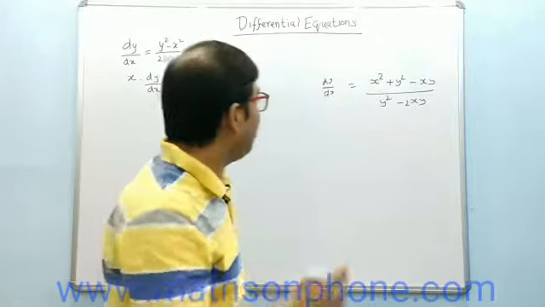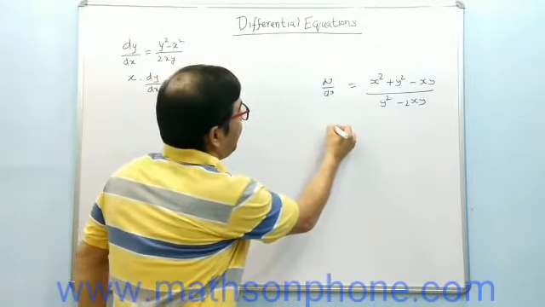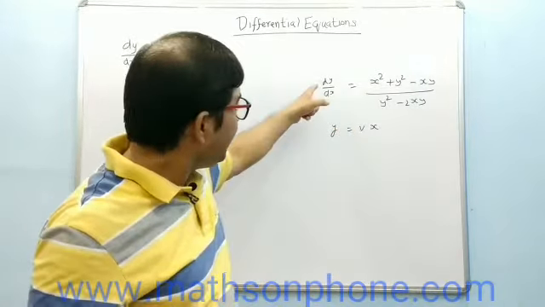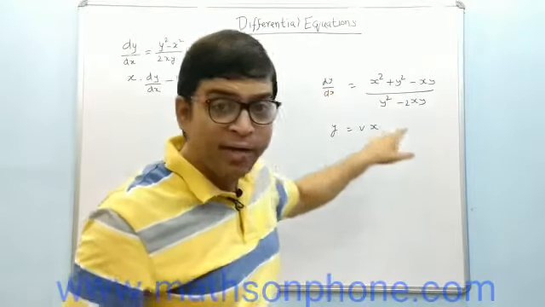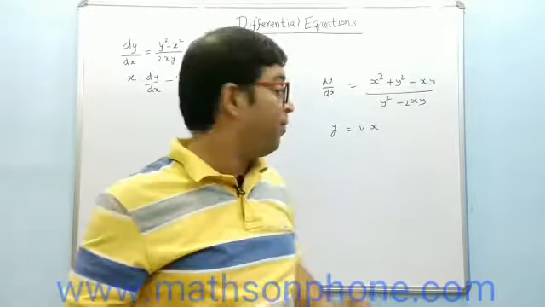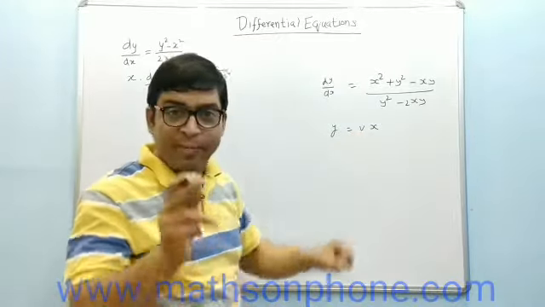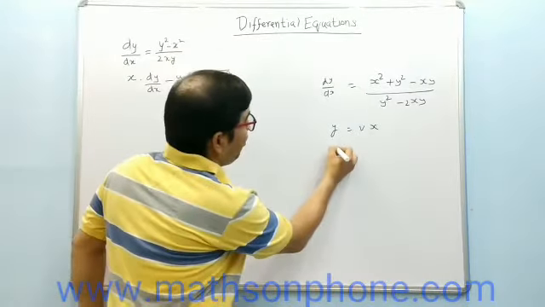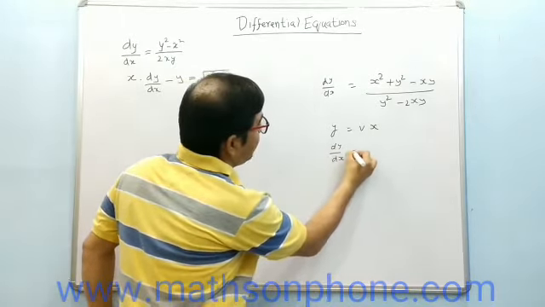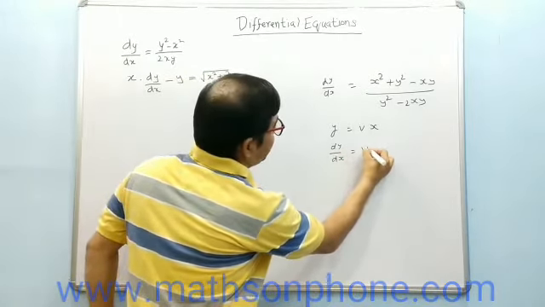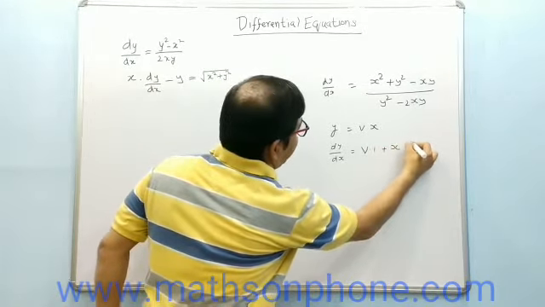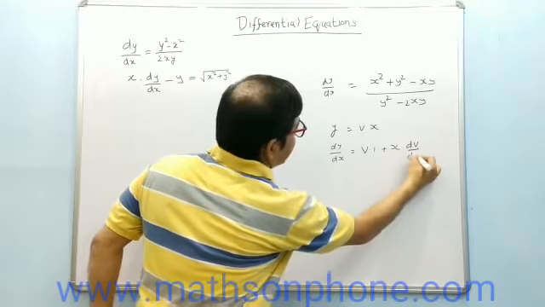What technique do we follow? We just put y is equal to vx. That is the substitution. If it is dx by dy, we put x is equal to vy. Be careful. So if we put v as a variable here, on differentiating both sides, it is going to give dy by dx is equal to v, as the differentiation of x is 1, plus x, as it is, into the differentiation of v, which is dv by dx.